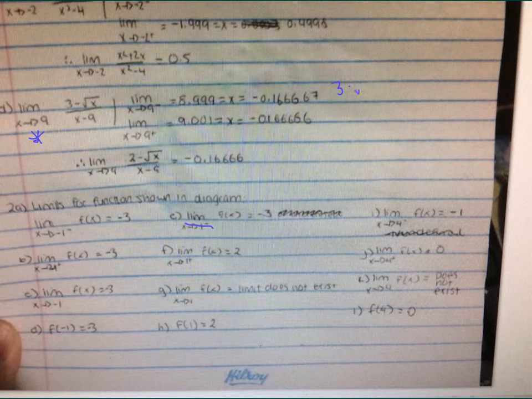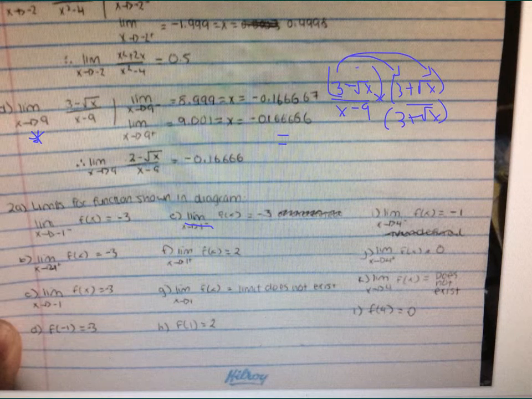We take 3 minus root x over x minus 9, and we multiply the top and the bottom, so we don't change the function, by 3 plus root x over 3 plus root x, like that. That's called multiplying by the conjugate, or rationalizing. The reason I'm doing it this way is that I've created a difference of squares in terms of the two binomials being multiplied here.